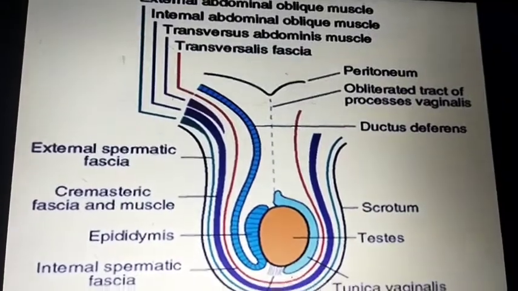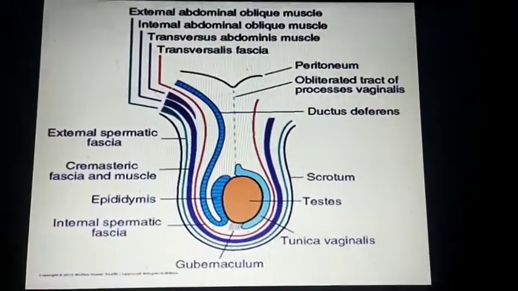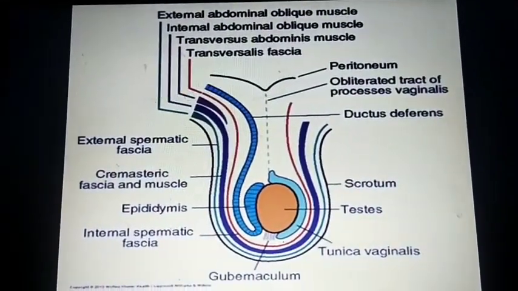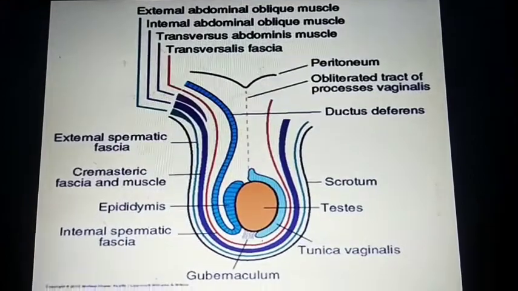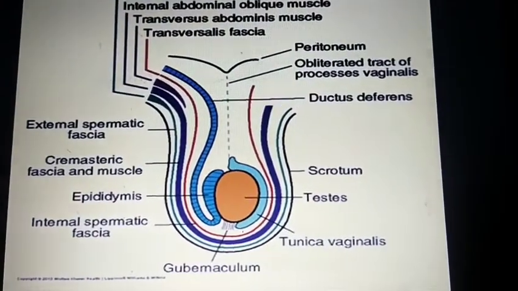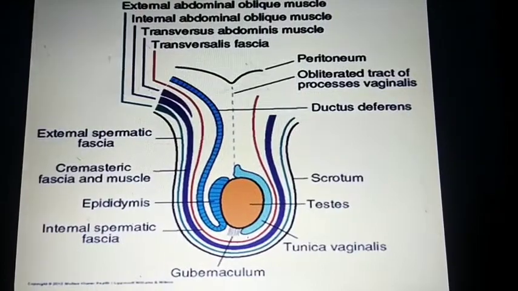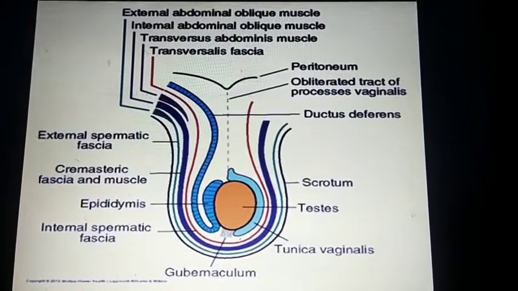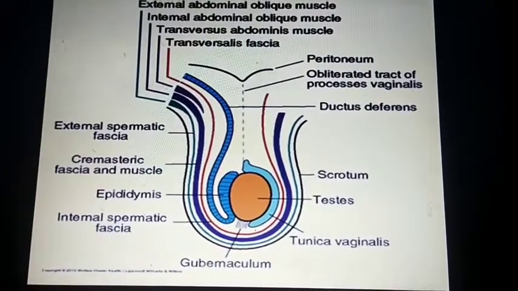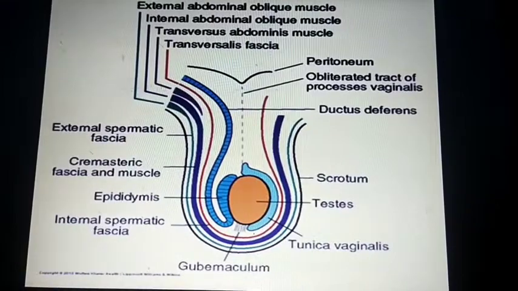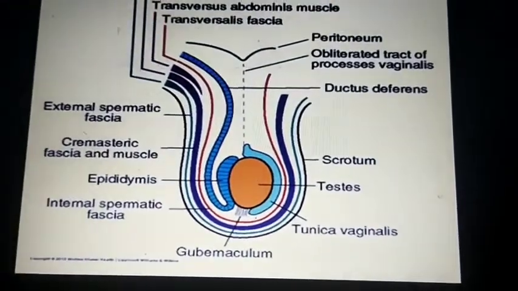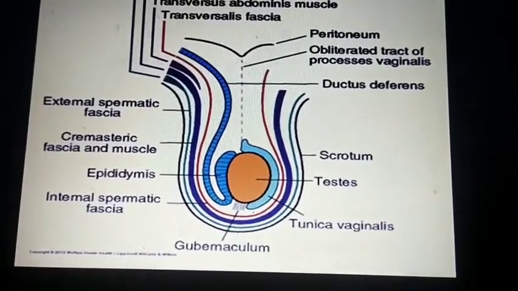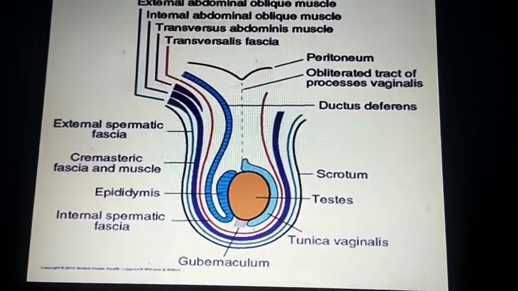These are the layers of the scrotum. You know that the testes descend from the abdomen to the scrotum, mainly because of the contraction of the gubernaculum, hormonal effect, increased intra-abdominal pressure because of the processus vaginalis, and also to maintain the temperature of the testis for the production of spermatozoa.